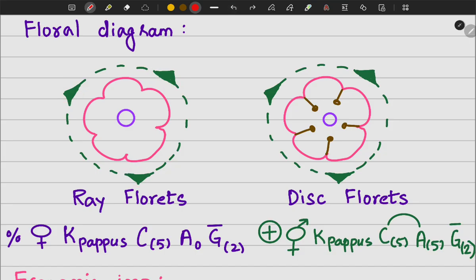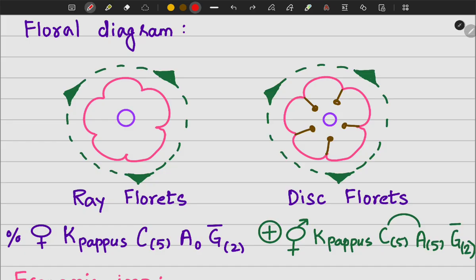So the pappus of the calyx is present in both ray and disc florets. Then we draw the 5 petals which are fused like this. And since ray florets have no androecium, we have not drawn the stamens here, just the bicarpellary syncarpous ovary at the middle.